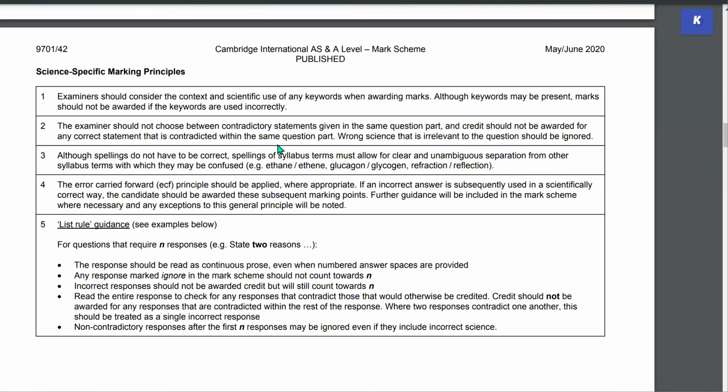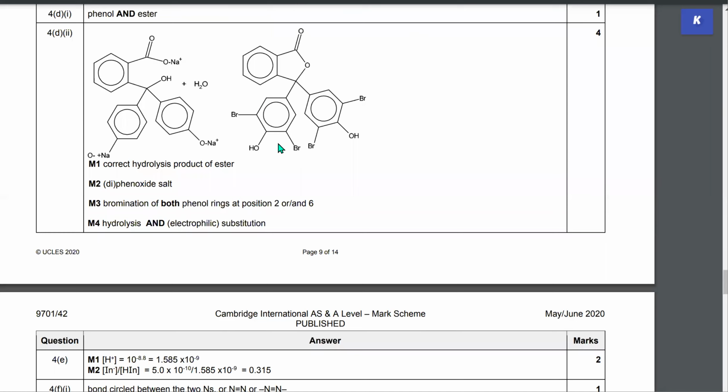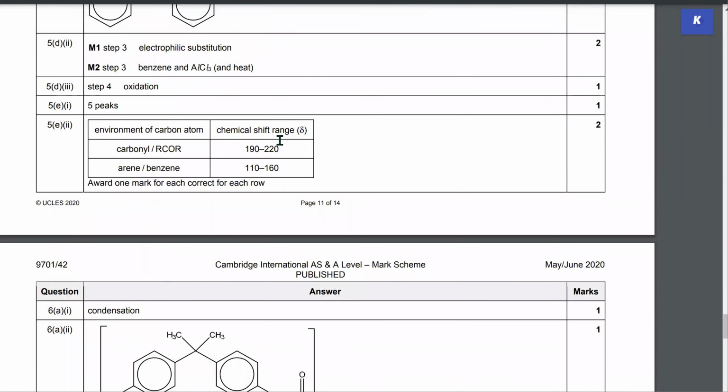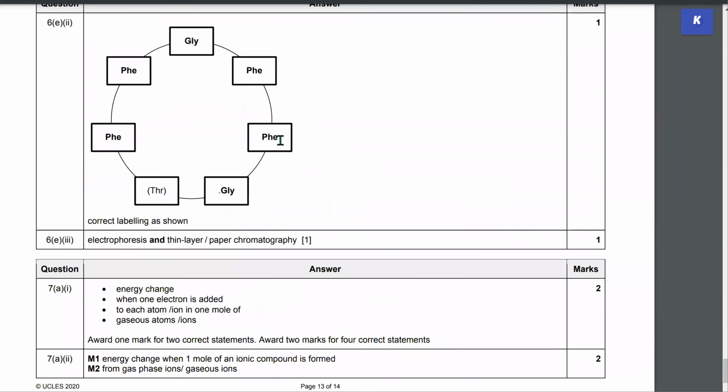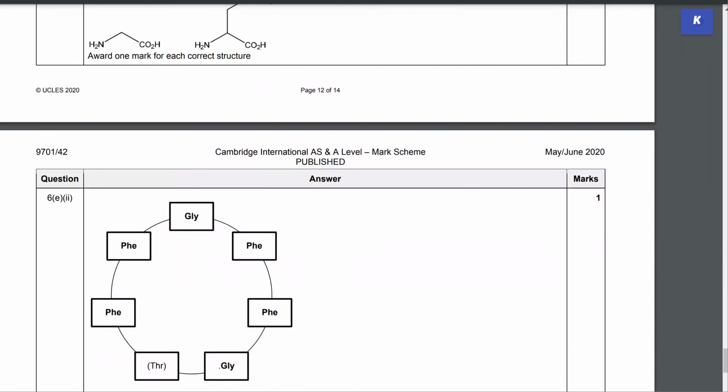So this was question number 6 of this paper. But question number 6 is something.